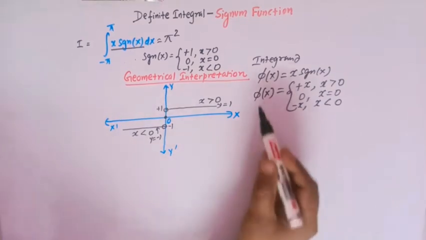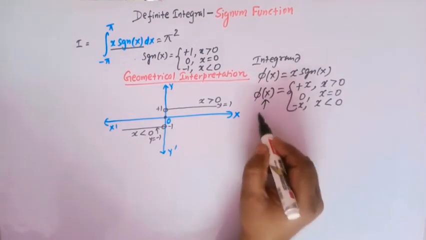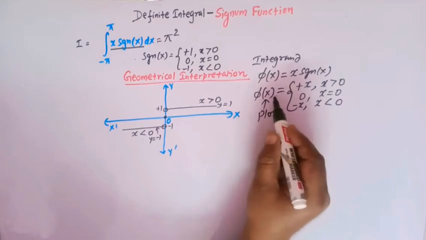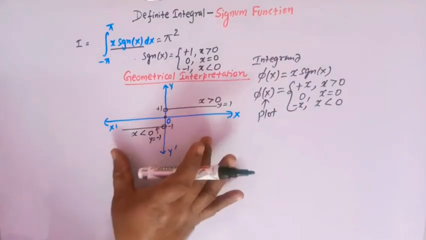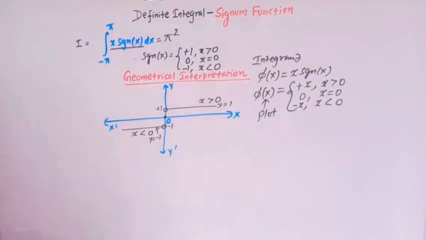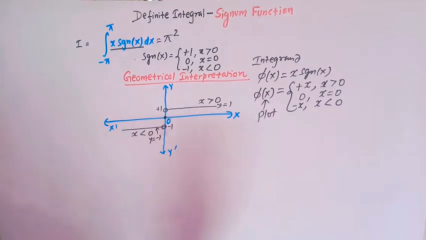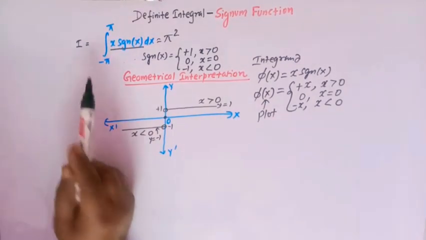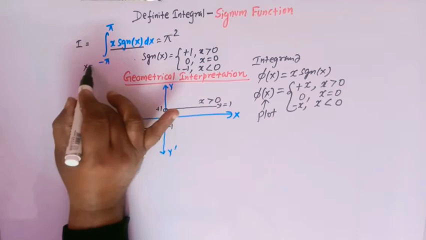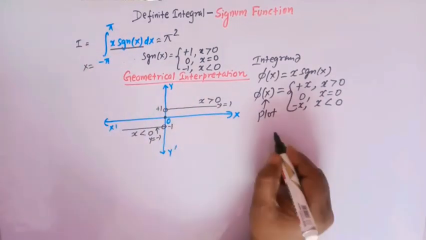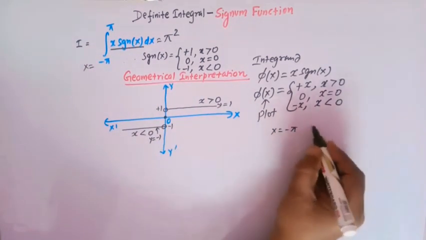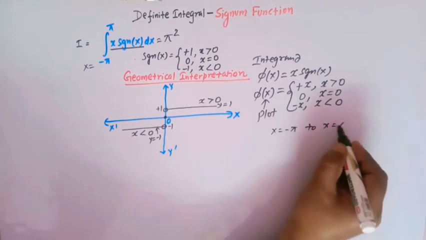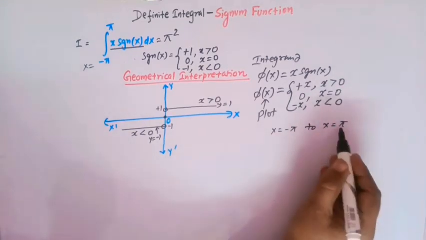So now let us plot this function in this coordinate system, right? Here the limits of integration are from x equal to minus pi to x equal to positive pi.